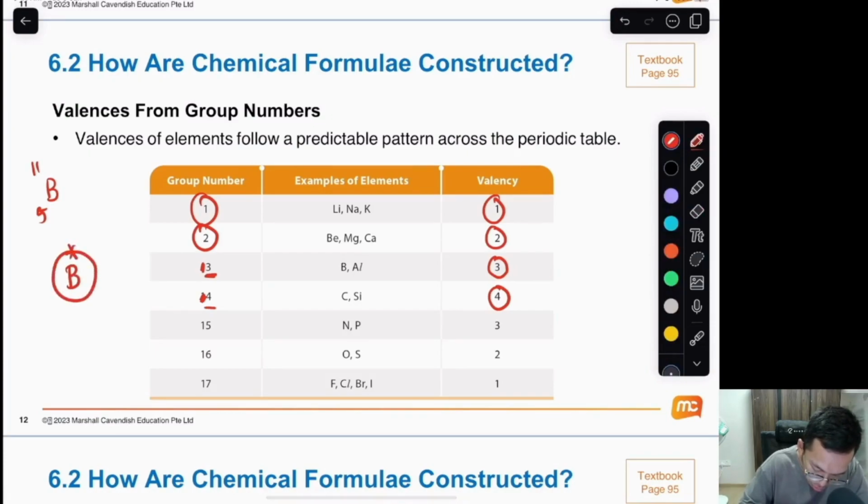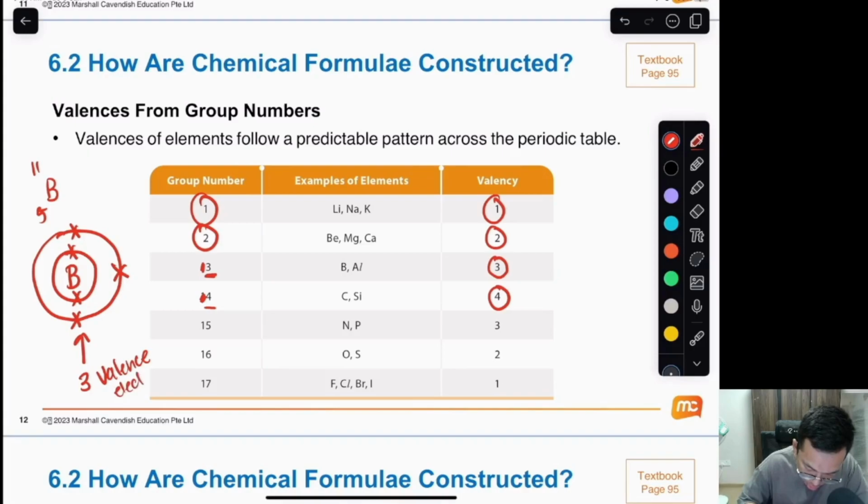If I were to draw it out, it would look something like this. So you can see that there are 3 valence electrons. Therefore, the valency is 3.